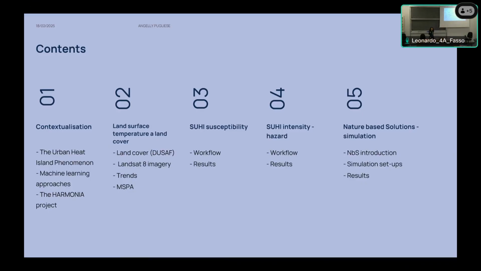I'm going to give you a very brief framework of the necessary concepts, land surface temperature and land cover dynamics, then how to model the urban heat island susceptibility, and the model to model the surface urban heat island intensity as a hazard. And afterwards, I will explain which nature-based solutions are simulated to mitigate such hazards.